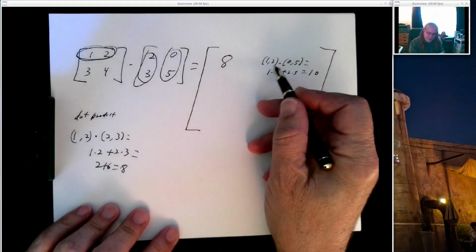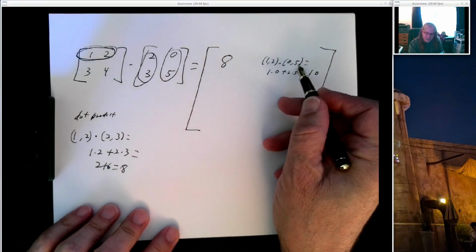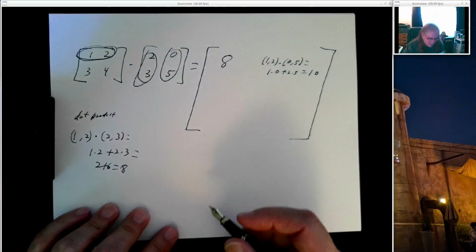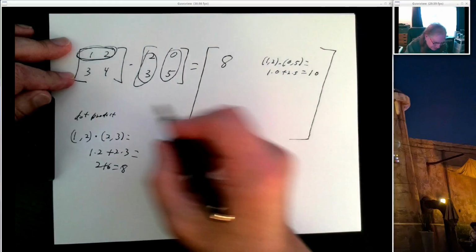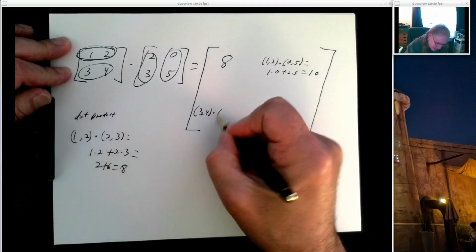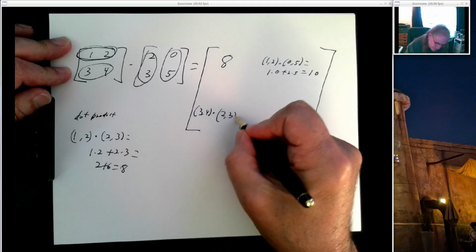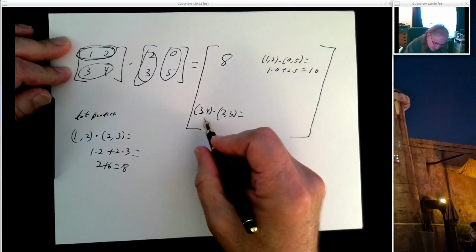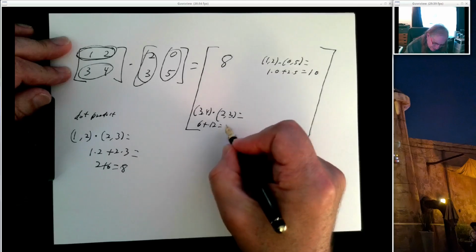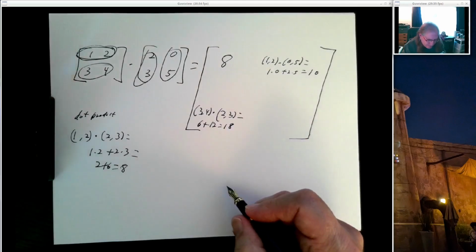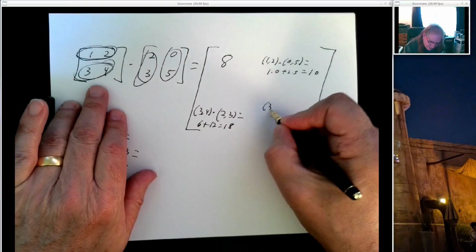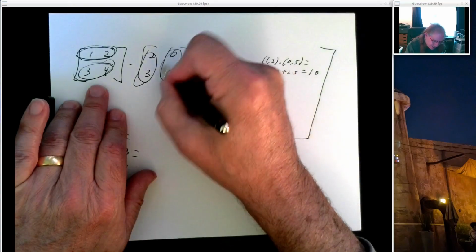If these elements are a_i and these elements are b_i, it's the sum of a_i b_i for i equals 1 to 2. All right, second row, first column, take the second row and dot it with the first column. That's 3 times 2 is 6, 4 times 3 is 12. This is 18. And then second row, second column, take the second row and dot it with the second column.